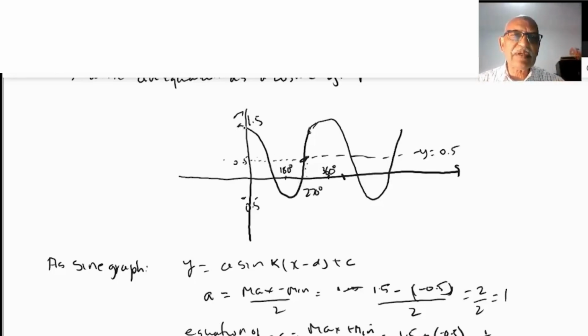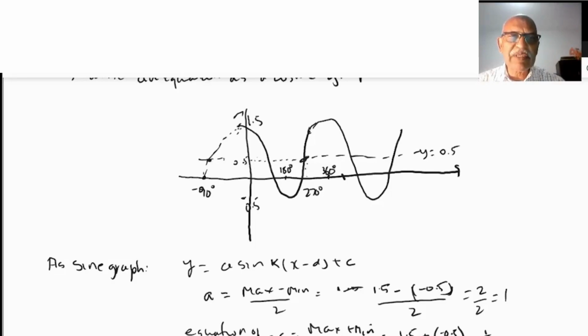If I go this way here, the sine graph is starting from here. This is like minus 90 degrees. Therefore, we have two possibilities here. It can start from here, or it can start from here.